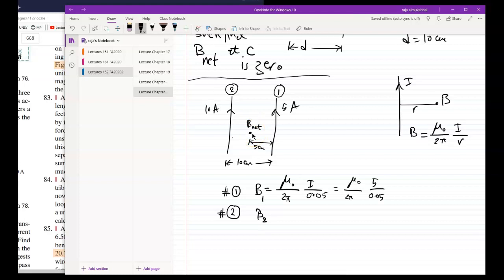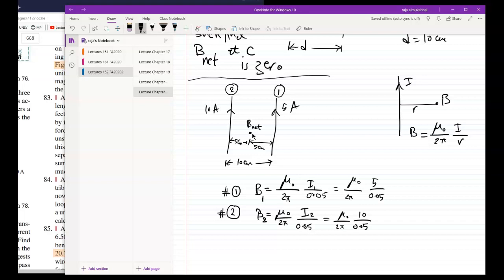It's 5 centimeters as well. That's going to be mu naught over 2 pi I2 over 0.05. This is I1 right here. And that's going to be mu naught over 2 pi, 10 over 0.05. You got that so far?